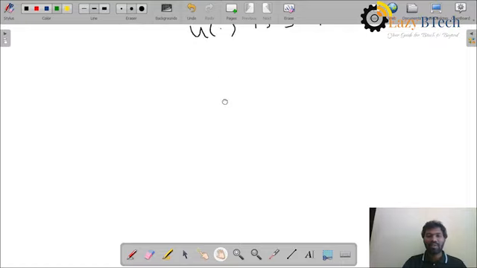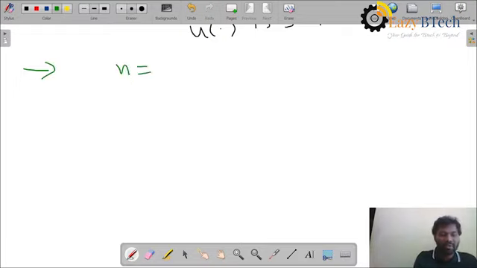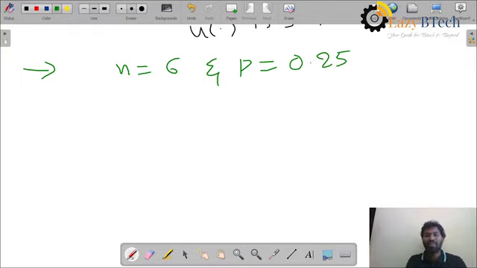Now we'll see one problem on this. They gave you capital N equal to 6 in this case, and probability p equal to 0.25.